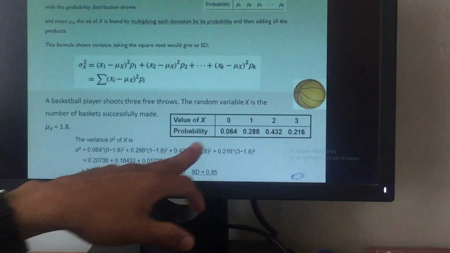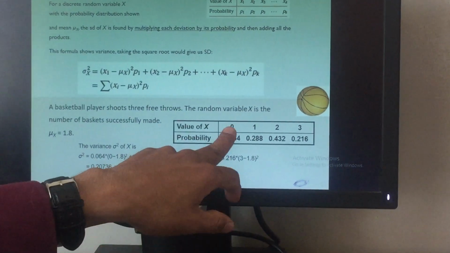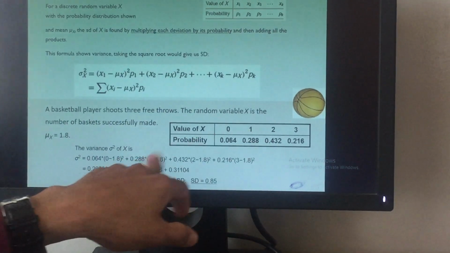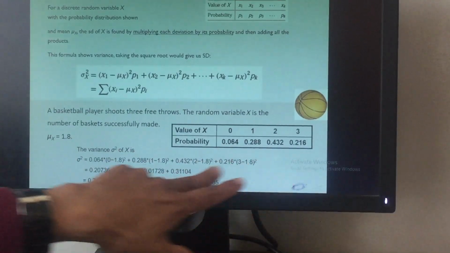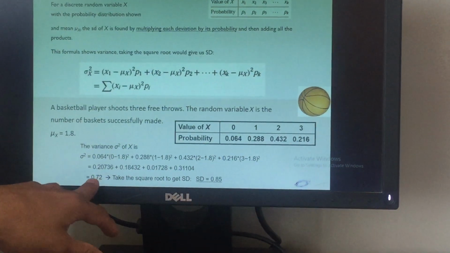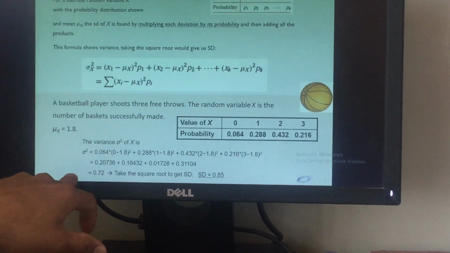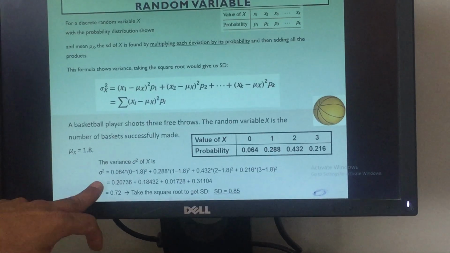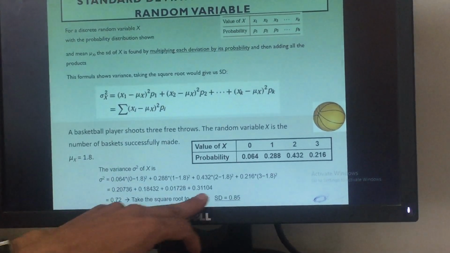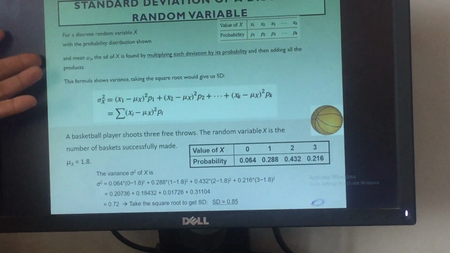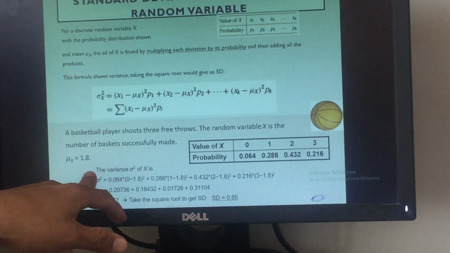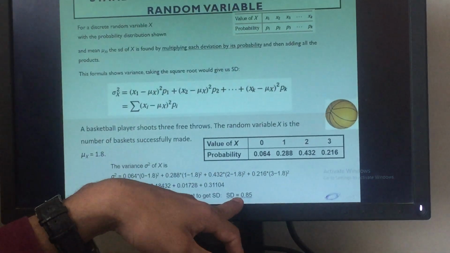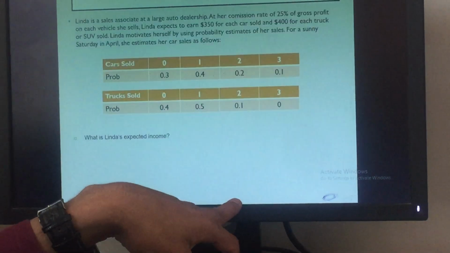Here, 0.064 times (0 minus 1.8) squared, plus 0.288 times (1 minus 1.8) squared, and we do the same for the rest, and we get 0.72, which is sigma squared, the variance. We take the square root of the variance, which is equal to the standard deviation. The final answer is 0.85.